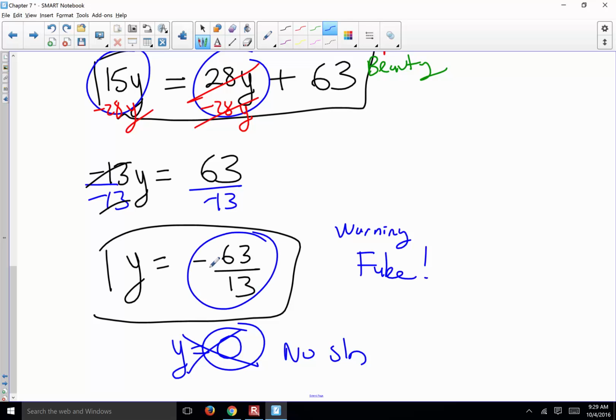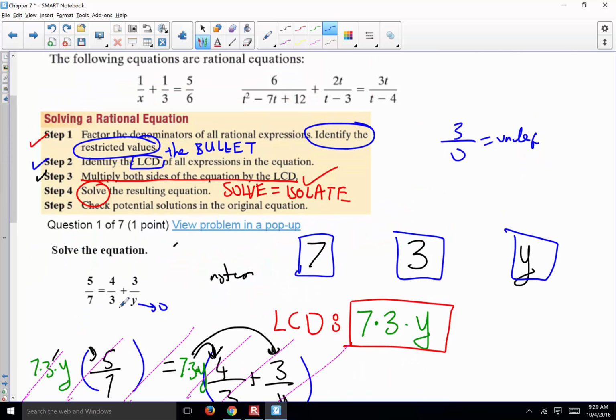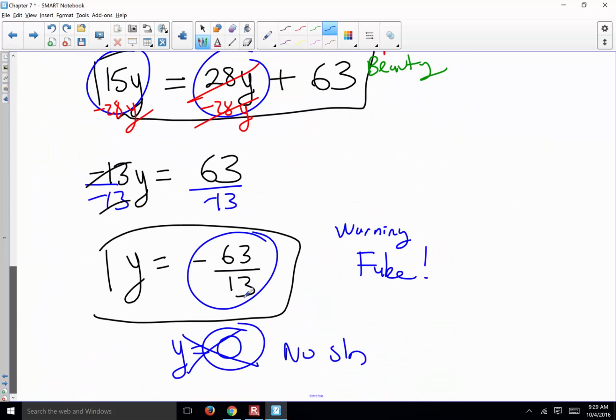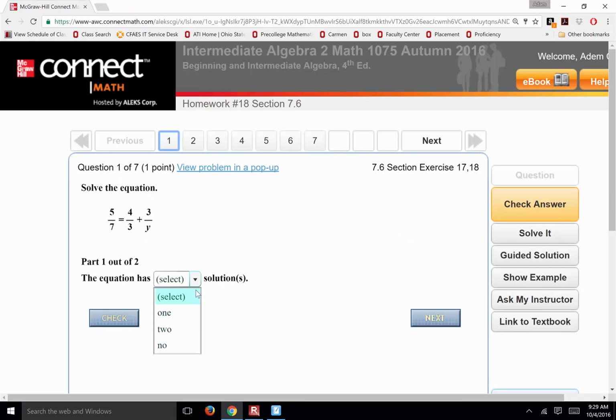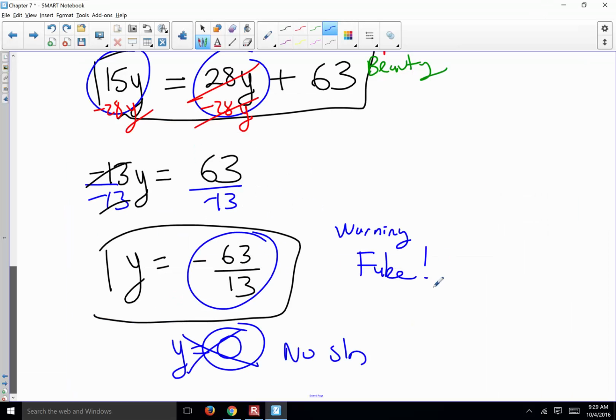But do you think this can be fake? When you enter this into the denominator here, can it make the denominator 0? Minus 63 over 13? No, this is already safe. So I'm feeling good about this. Just test it on. It has only one solution. Sometimes you may get two solutions, two separate y's, and one of them can be fake, one of them can be real.